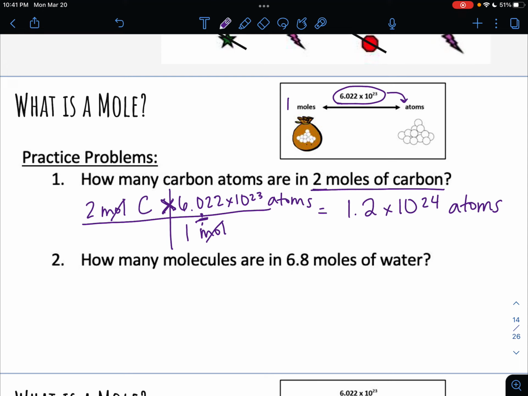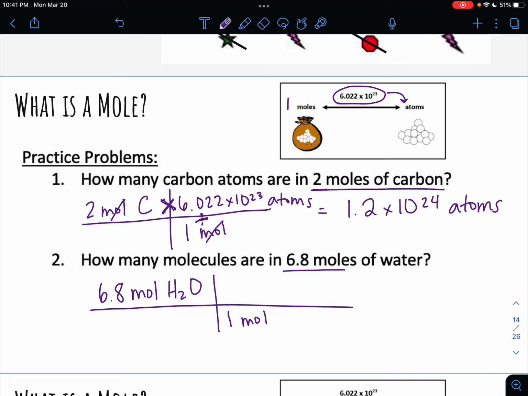Right, what are we starting with? We're given the 6.8 moles of water, and again, I'm just going to write H2O. So if I have moles on the top, I want to make sure moles are on the bottom. So I have 1 mole, and then I know that in each mole, I have 6.022 times 10 to the 23rd atoms.